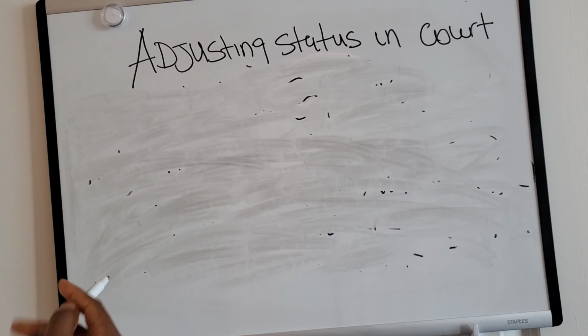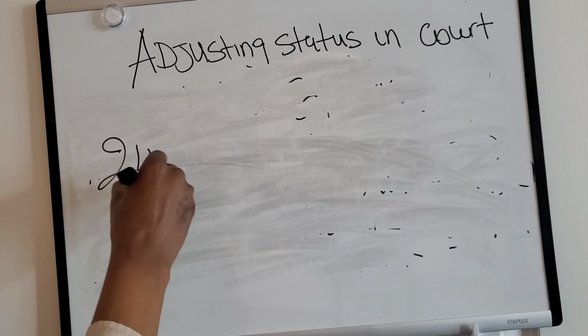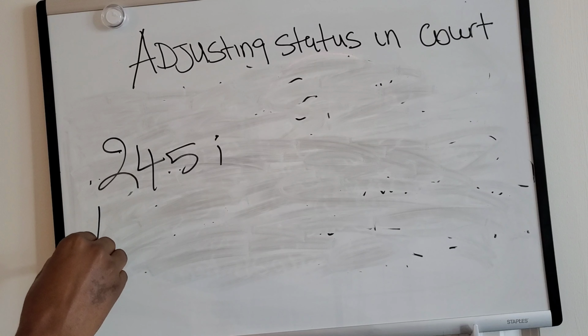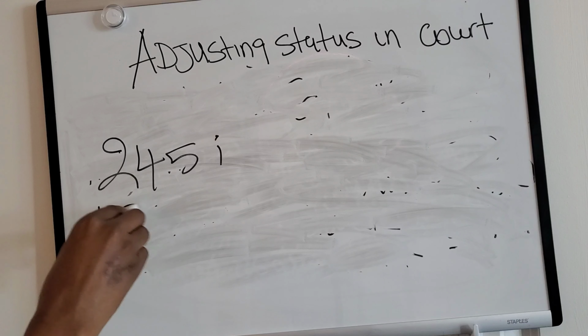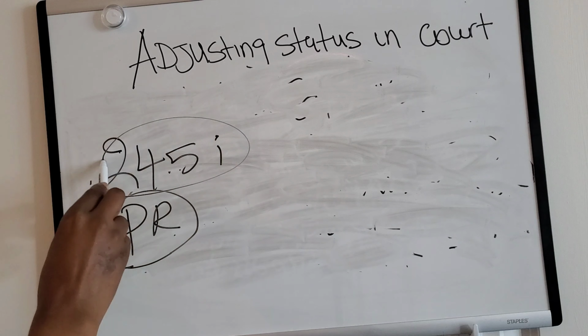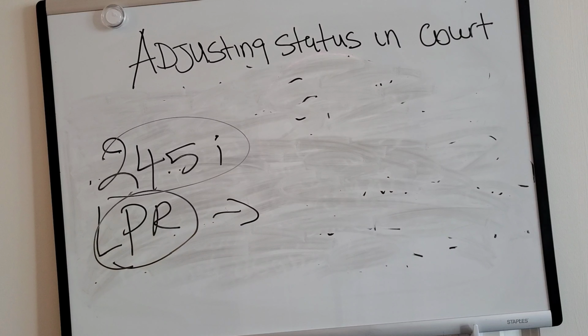But if you have 245(i), then you can adjust in court as well. Then you're going to say, yes, I have 245(i). I meet the exception, even though my spouse is a lawful permanent resident, I can still adjust because 245(i) is going to waive my unlawful presence. You see how it's going to play out?